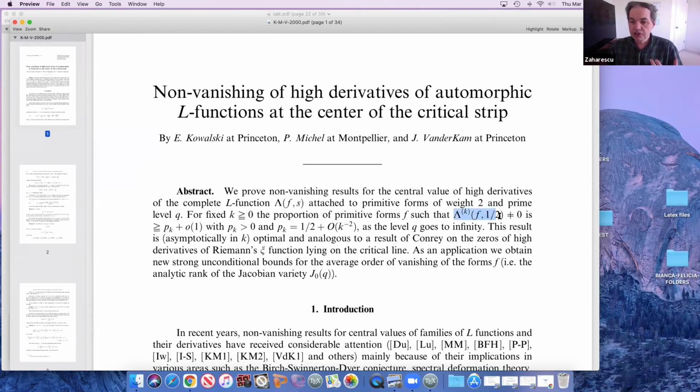This is a function that's already real on that line, and the functional equation shows that the function is odd or even with respect to the central point. So either the order is odd or the order is even, and it's about half the time.